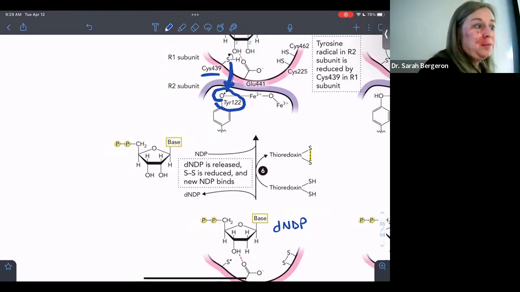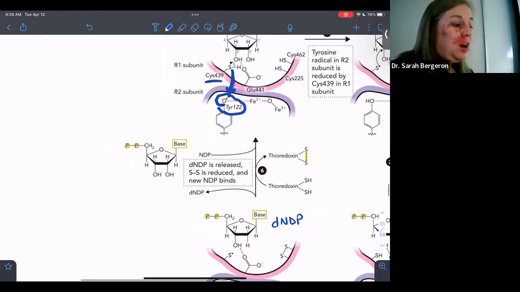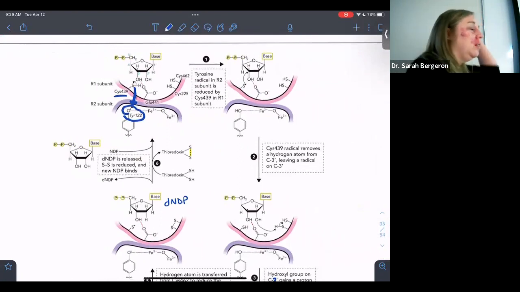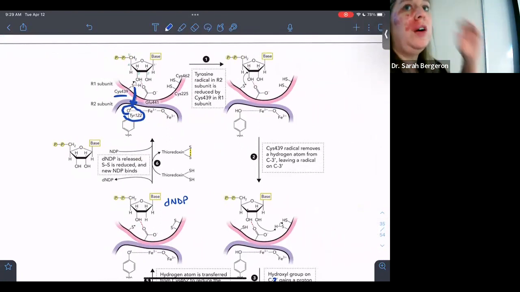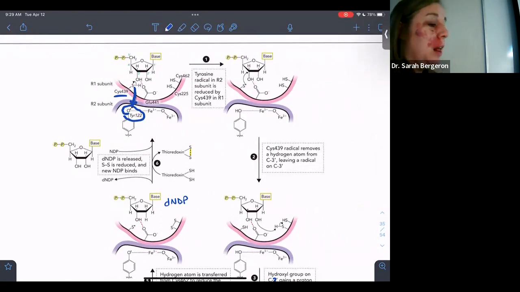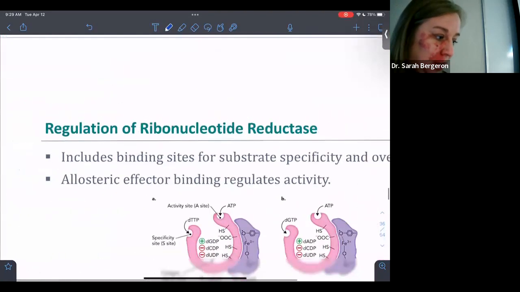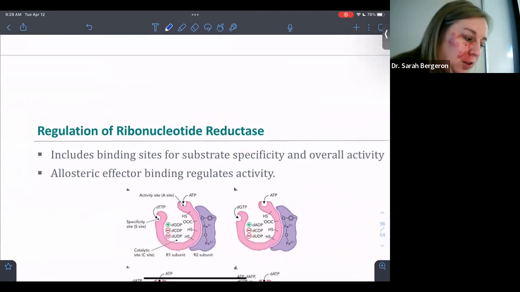Okay, good. All right, so if you're going to have this enzyme floating around that can convert any old NTP into a dNTP, how do you regulate how much of each individual nucleotide to make? Because you have, let's talk about our nucleotides.